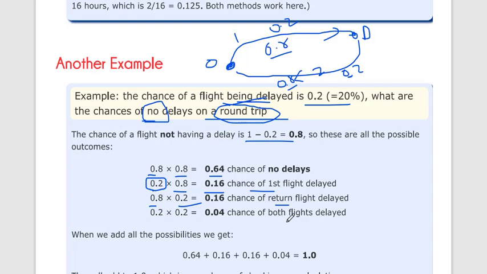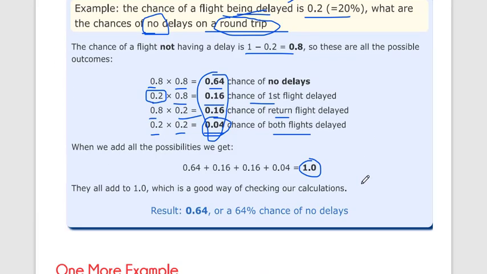Now let's say both flights are delayed, 0.2 and 0.2, 0.04. Fewer chances that both flights will be delayed on a round trip. If you add all the sums, we always get 1. We already discussed that the summation of the probabilities of all outcomes is always 1. So there is a 64% chance of no delay.